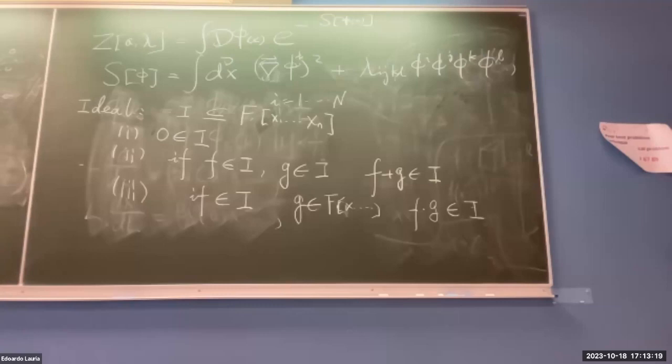This is a tensor which is rank 2 symmetric traceless. This is rank 4 symmetric traceless. This is a singular part. So you're basically decomposing this tensor into representations of O(n).